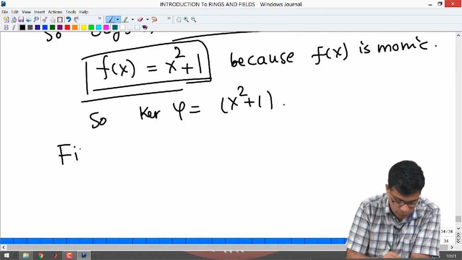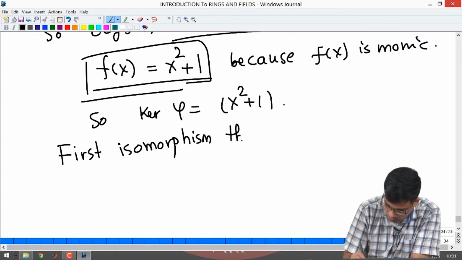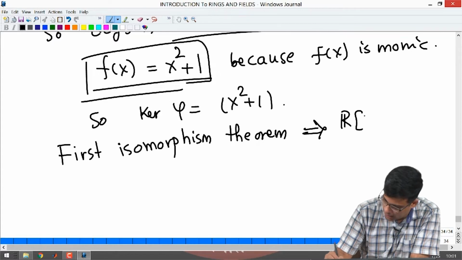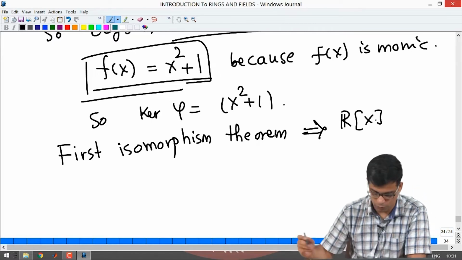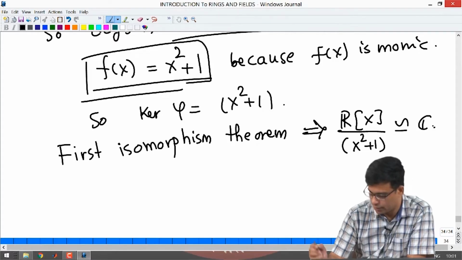So, now first isomorphism theorem says, what does it say? Precisely that R x mod, okay. So, I will write this down, but there is one additional fact to be verified.